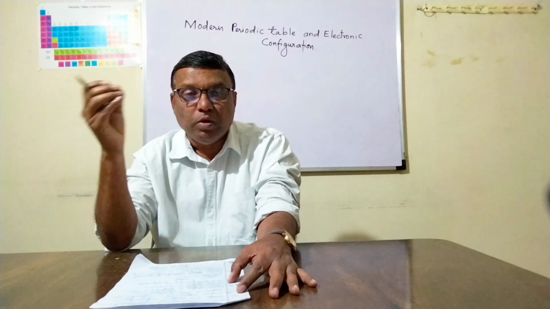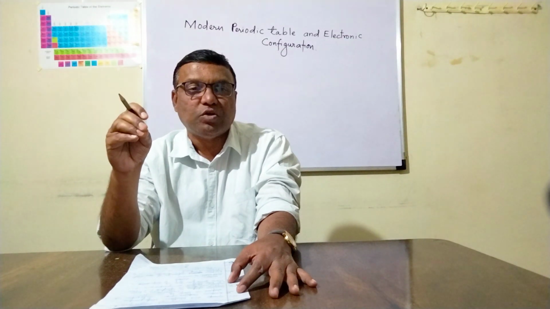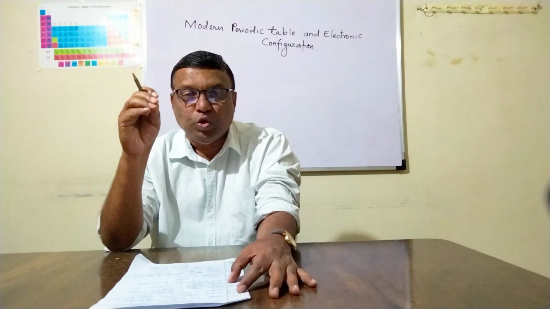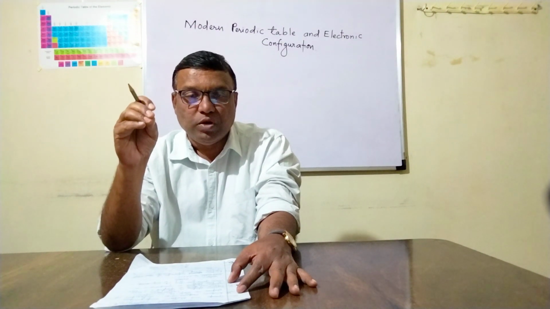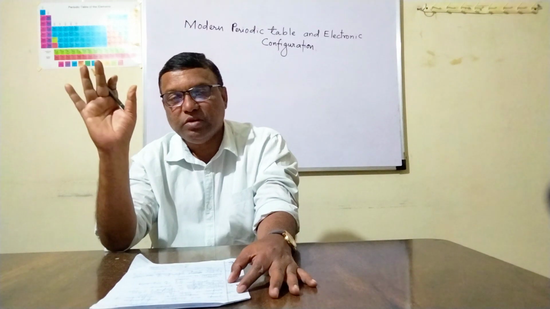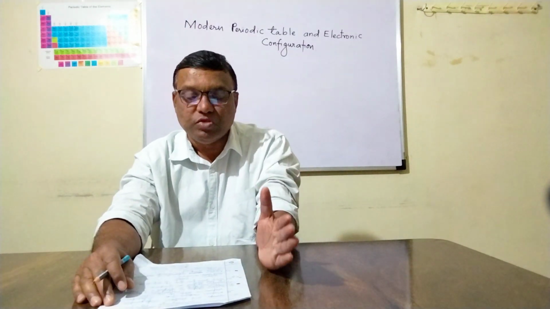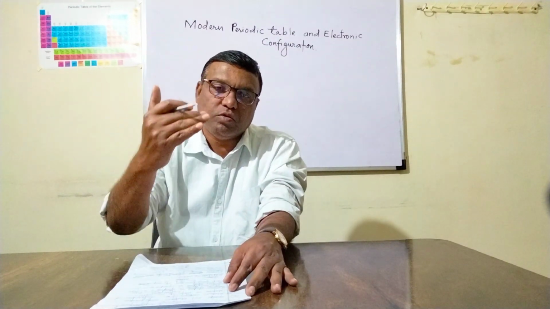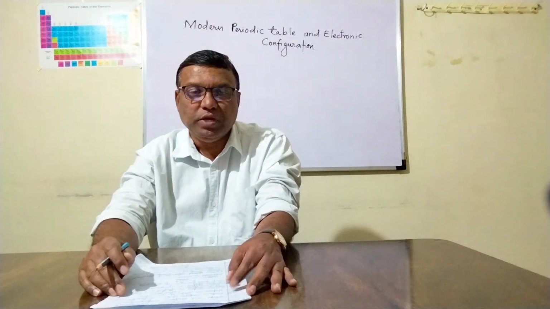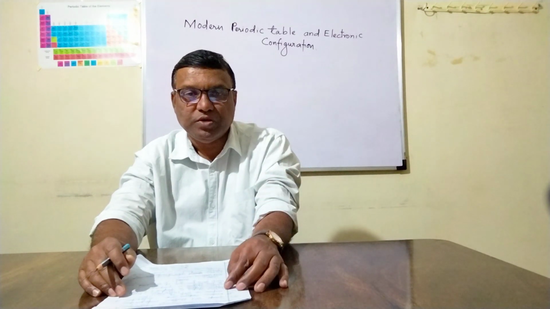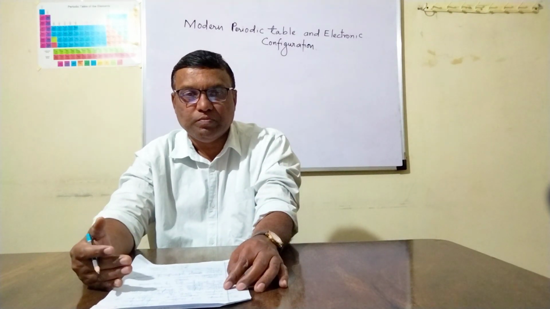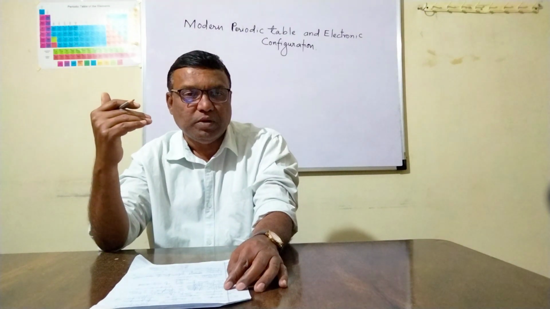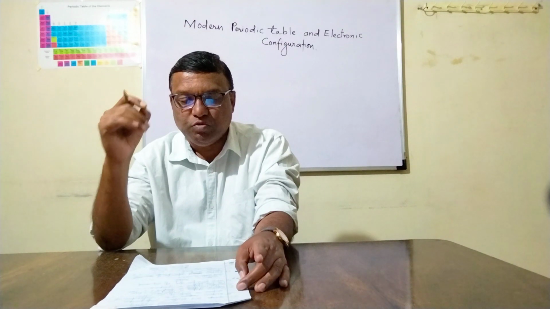So the total valence electrons in group number 17 is equal to 7. 7 valence electrons are present in group number 17. For example, in the last orbit of chlorine you will get 7 electrons. In bromine also, in iodine also. So valence electrons in group number 17 elements is equal to 7.